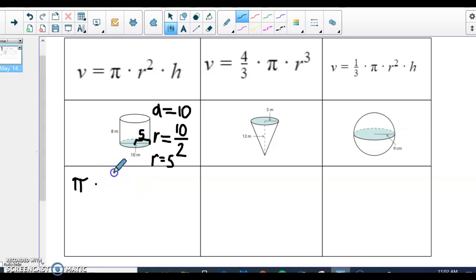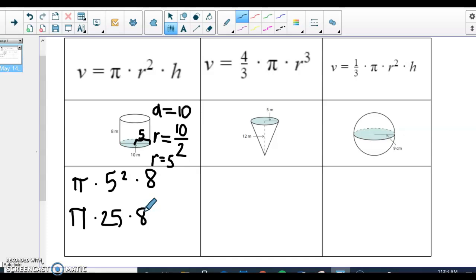All right, so times 5 squared, and then times our height of 8. So we keep our pi, and then we do 5 squared, so 5 times 5 would be 25. And then we times it by 8. And now is when you actually multiply out, and you'll want your handy-dandy calculator.